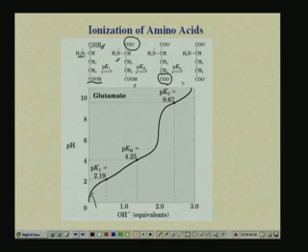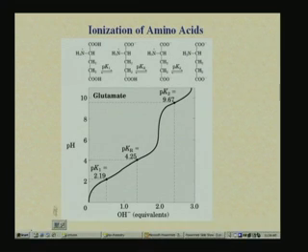Now, what is going to happen is I now have to lose the last proton that is left, that is here, the amine group. So, the 3 pK values that I now have correspond to the, what does it correspond to? We have 3 protons that can be lost.